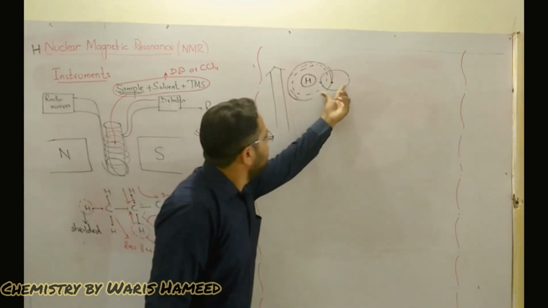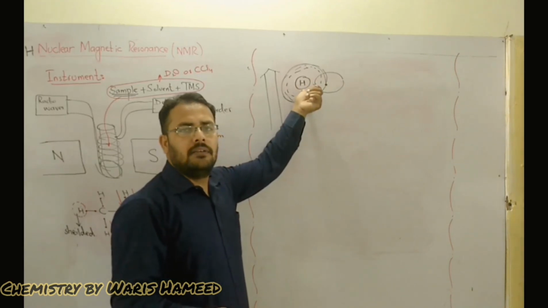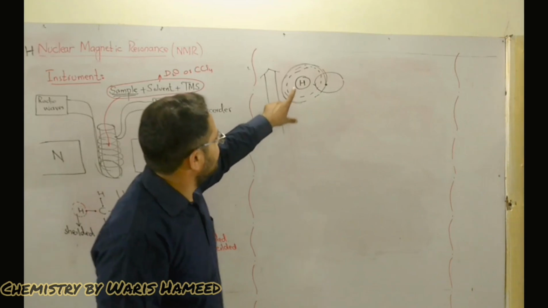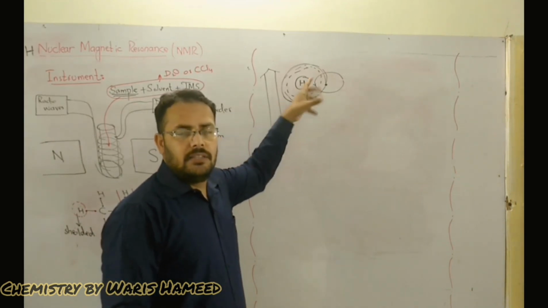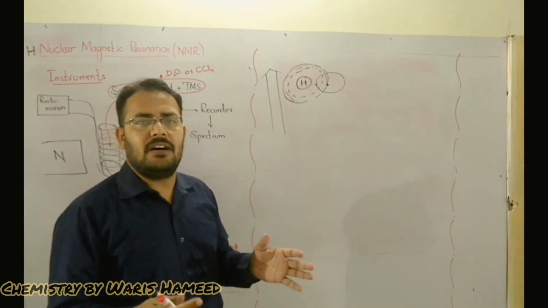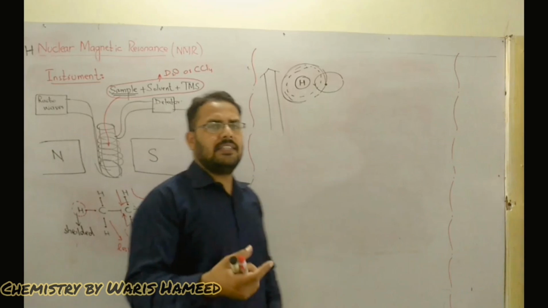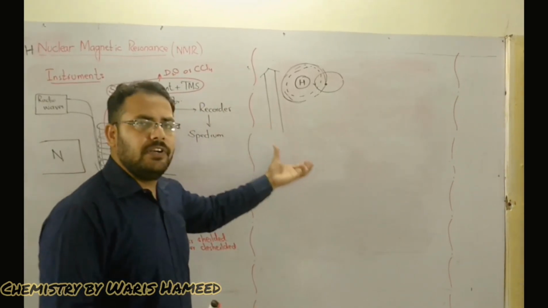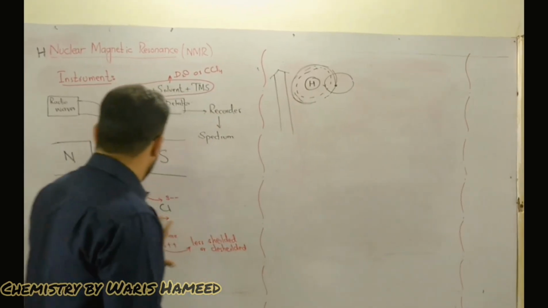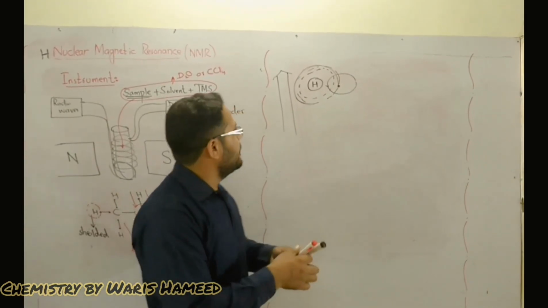When these electrons are not near to the proton, then the external field will directly influence this nucleus, this proton. So this proton will face the external field in a large amount. So it will be de-shielded and its ppm value should be greater.